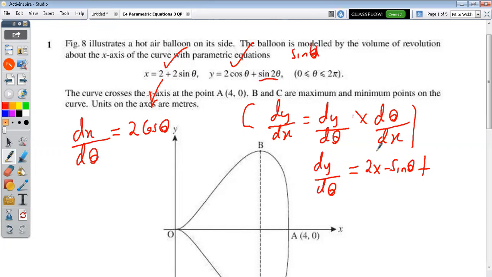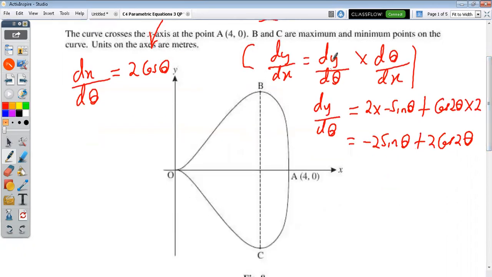So differentiation of sine u is cos u, so this is cos 2 theta, multiplied by the differentiation of 2 theta here, which is 2. So you end up getting minus 2 sine theta plus 2 cos 2 theta. Clear?